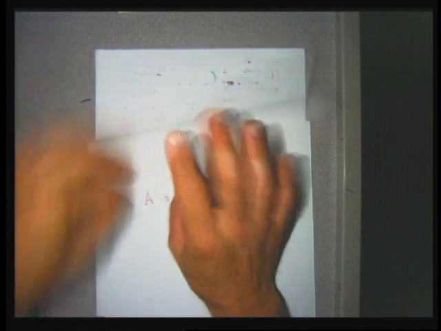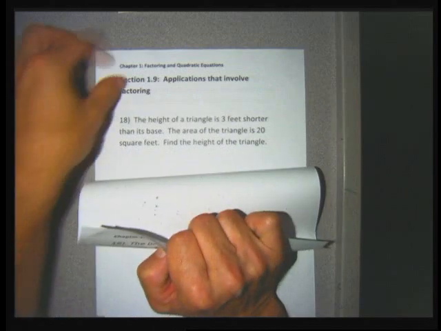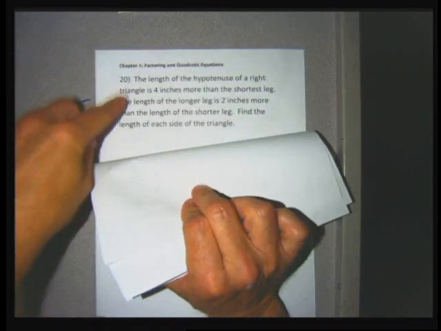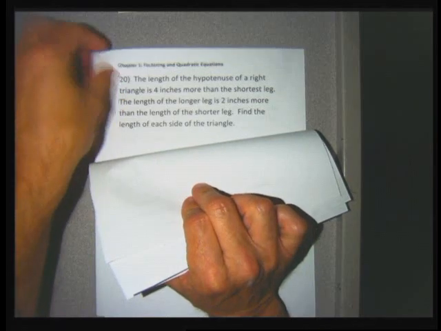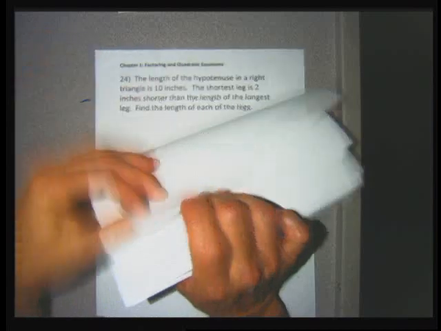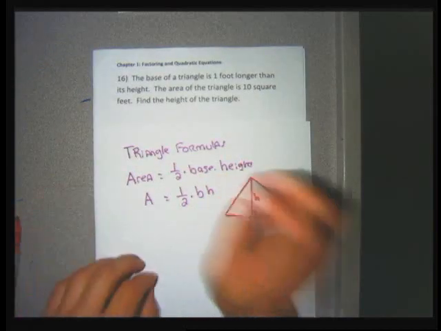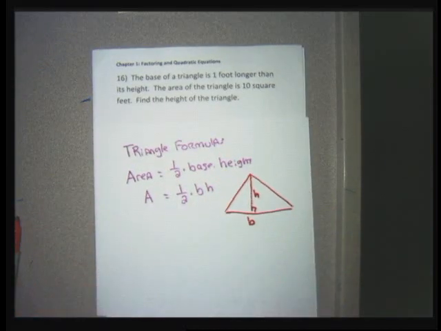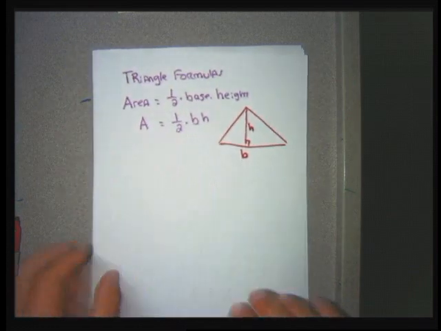And then when I get a little bit deeper, it's going to start talking about hypotenuses and right triangles. And for hypotenuse and right triangles, I have a different picture that I draw and a different formula that I need. So one formula I'm going to need for triangles works for any triangle.